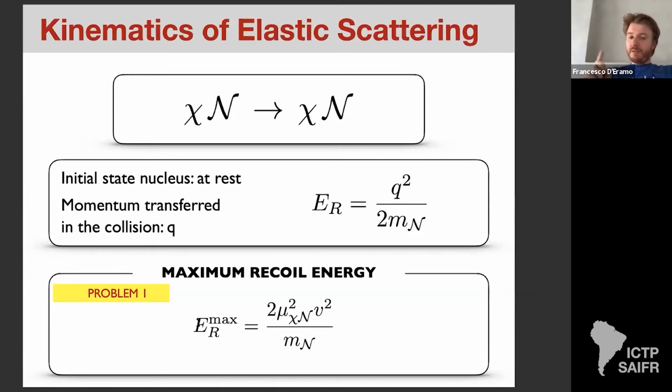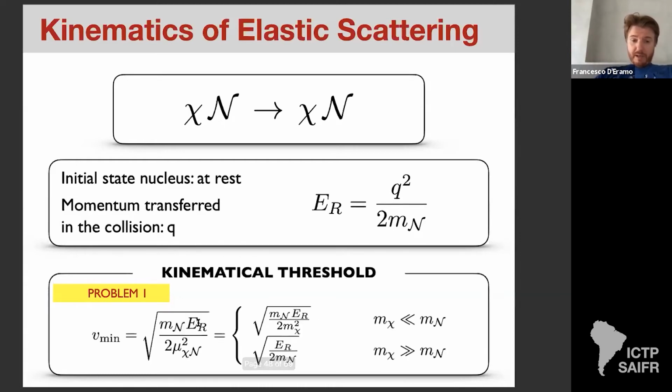And this is a serious issue because the detector, of course, has a threshold energy. It cannot detect recoil energy as small as you want. If the signal is too small, the detector will not be able to detect that given signal. So if you have dark matter particles moving too slow, then they may induce a scattering with the nucleus, but it's something that the detector will not be able to see.